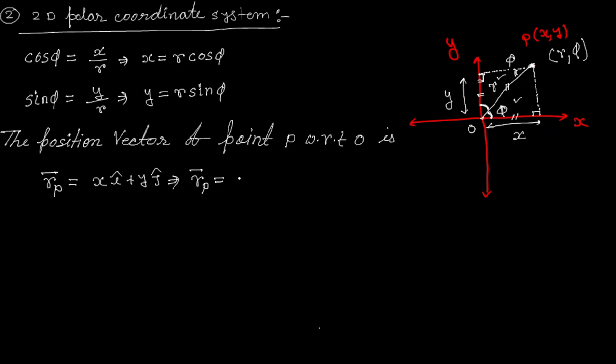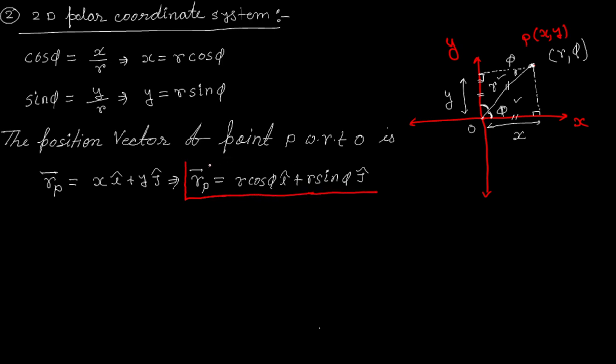So what will we get here? We'll get r cos phi i cap plus r sin phi j cap. This will be the position vector of point P, an arbitrary point P, whose coordinates according to the 2D polar coordinate system are r and phi.